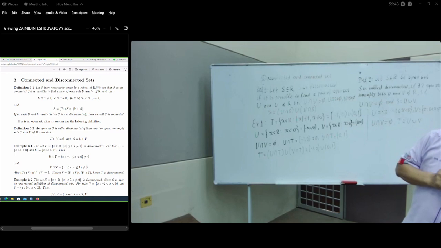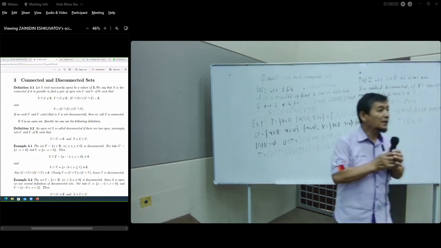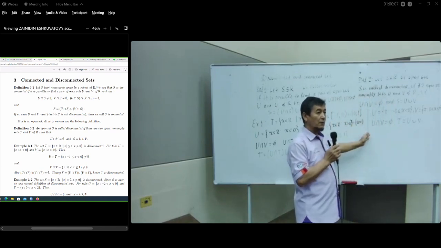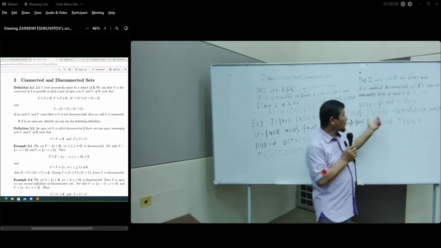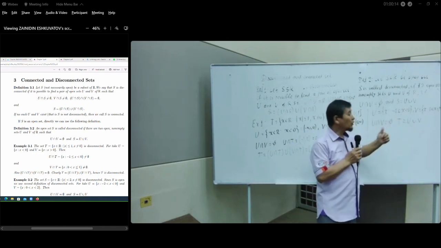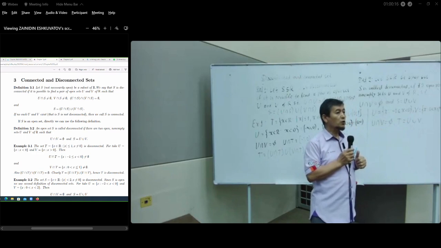Okay, so in the case of definition 2, you see U and V of course are two open sets. I cannot apply this definition for this example. The second definition, I am not able to apply. Do you understand why? Because U and V are not open.